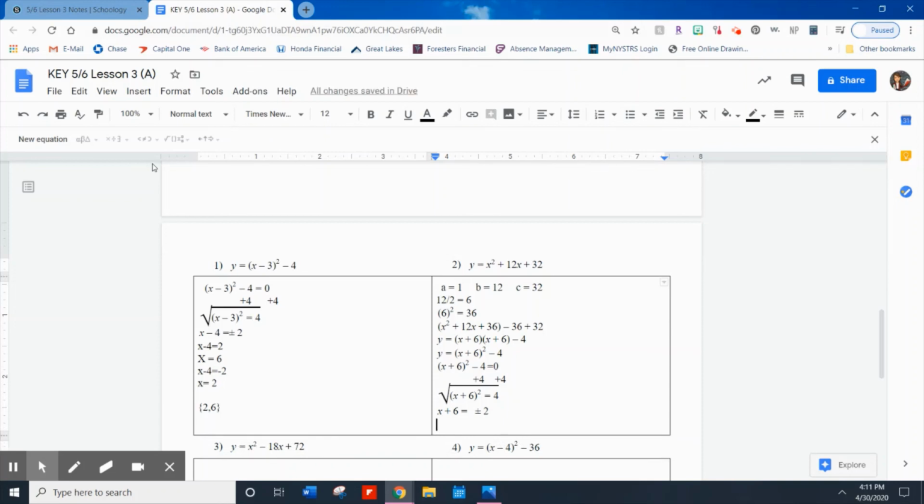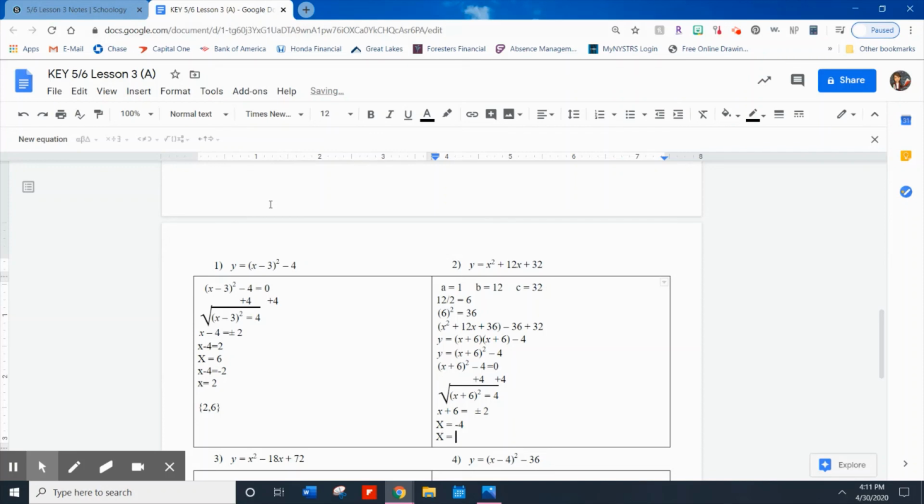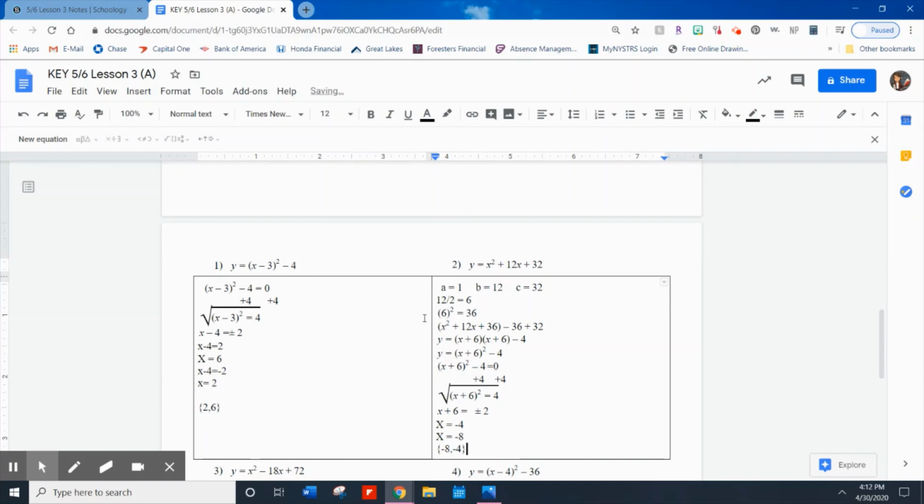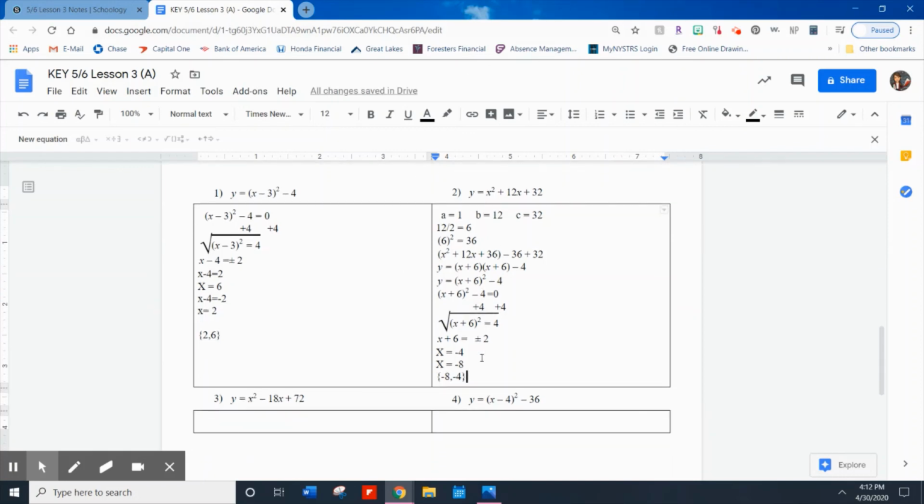So when we subtract 6, we get x equals positive 2 minus 6, which would give us negative 4, or negative 2 minus 6, which will give us negative 8. So in interval notation, that would be negative 8, negative 4. That's where our parabola would intersect the x-axis.